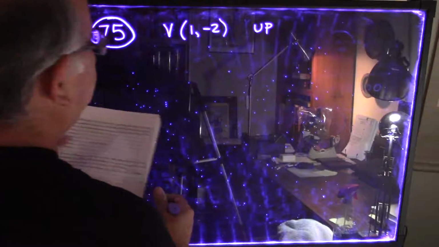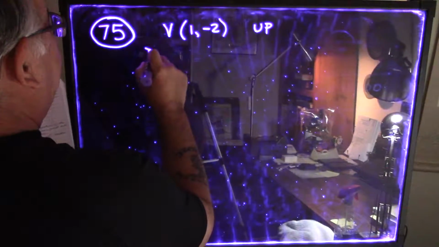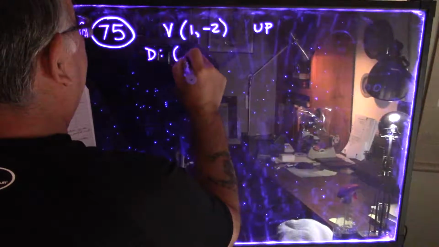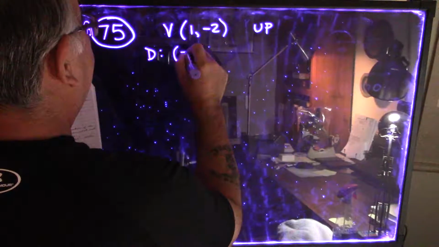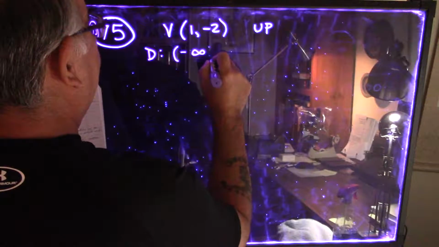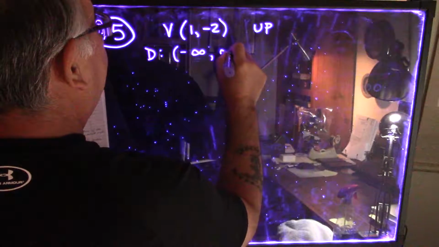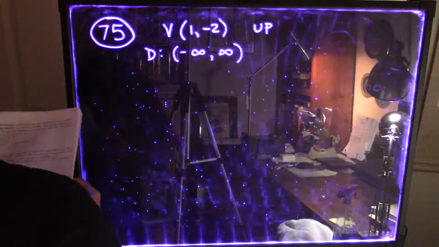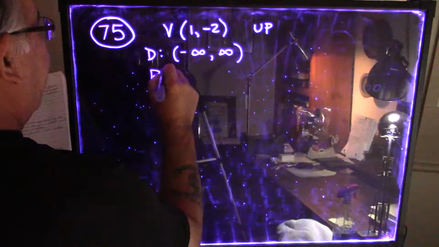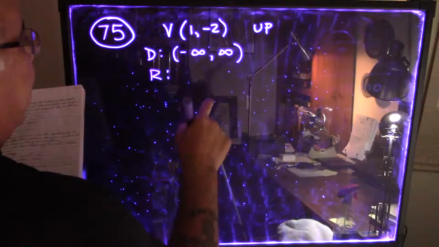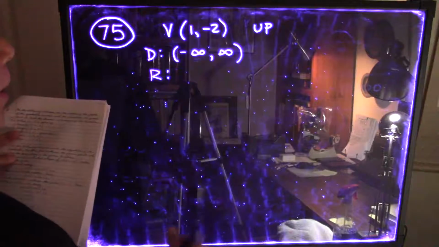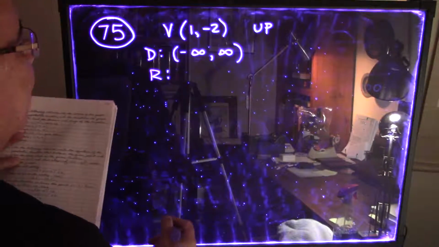Alright, so again the domain, D let's call that, is negative infinity to infinity. It doesn't matter what parabola you're talking about, as long as it's one of these quadratic functions, that's going to be the domain, opening up or down. And then the range, call it R. Well, since it opens up, the vertex is at the bottom of the parabola.